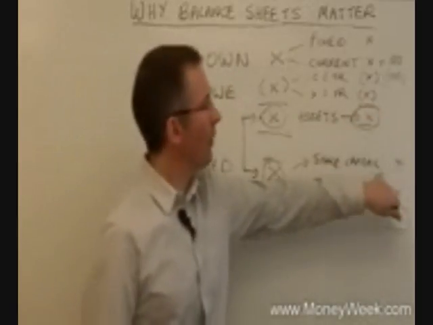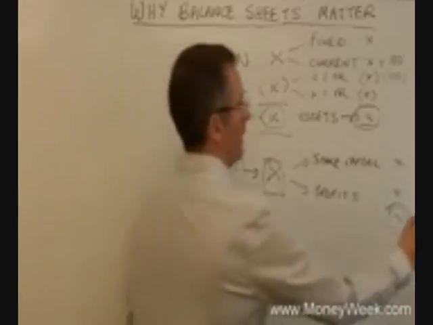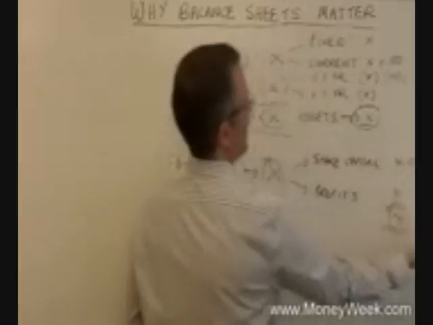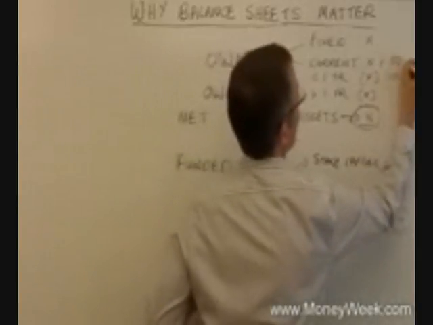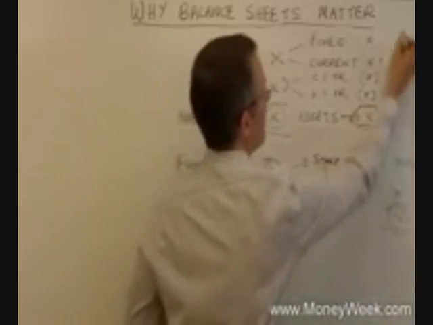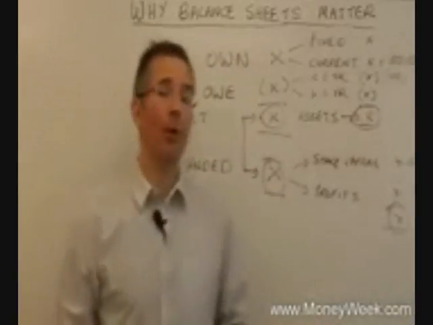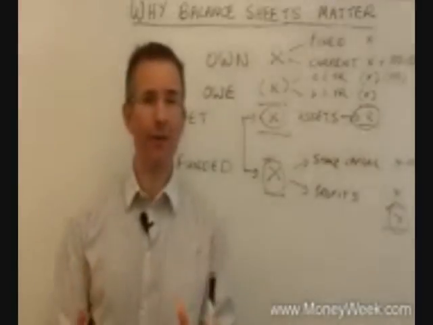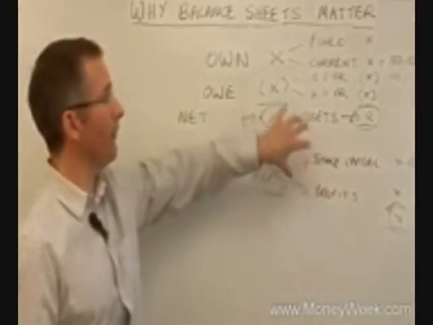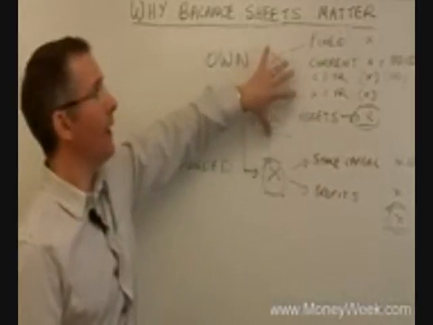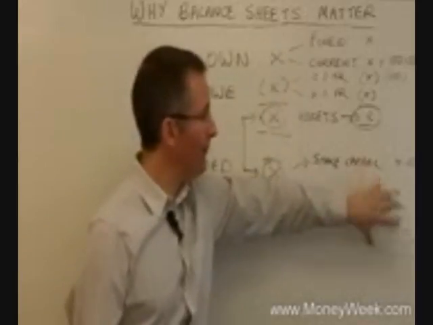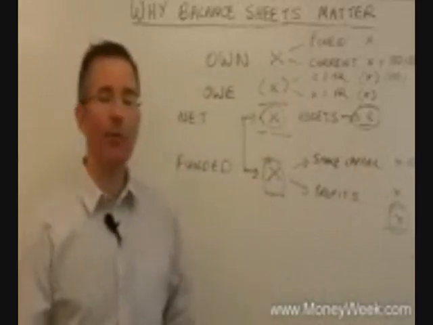Or if I ask my shareholders for some more cash, share capital rises to reflect their contribution by, say, 100, and cash up here rises by 100. That's up 100, that's up 100, the whole thing balances. So this isn't a bookkeeping course, but because accountants record everything twice, balance sheets always balance. That doesn't matter too much. What's more important is to realise that the top half represents net ownership of assets at a snapshot point in time, and the bottom half represents how that's all been paid for.